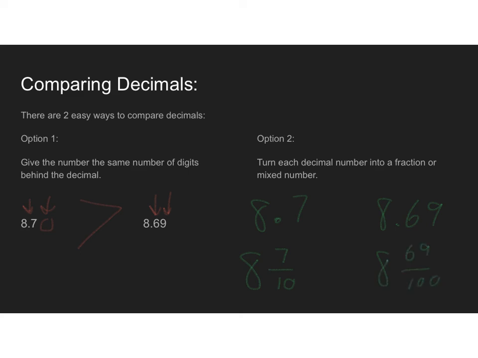Now I can't compare these yet because you cannot compare hundredths with tenths. They actually have to have the same denominator or bottom number. So I'm just going to tack on a 0 here, and if I tack on a 0 on the bottom, I have to tack on a 0 on the top. So I have 8 and 70 100ths and 8 and 69 100ths. So this one is clearly larger. So those are the 2 ways that you can compare decimals.